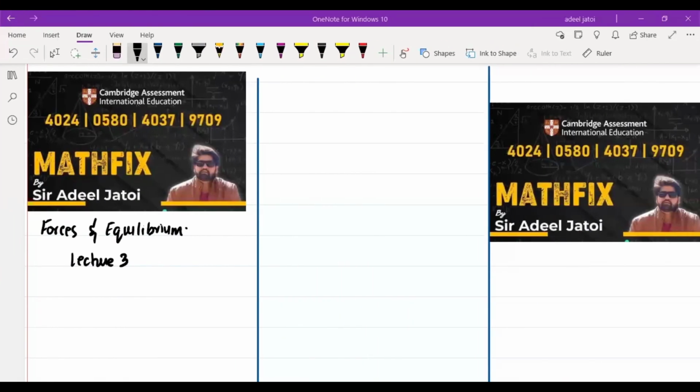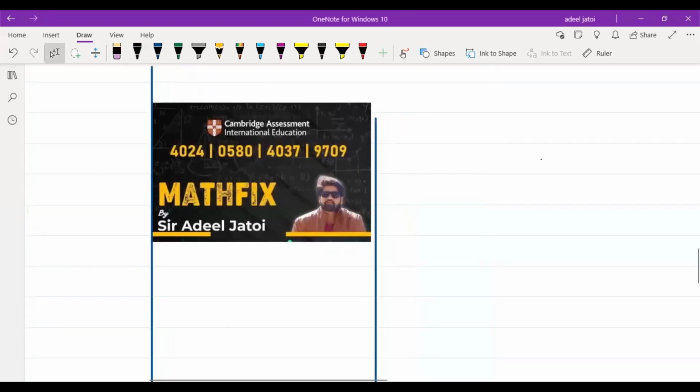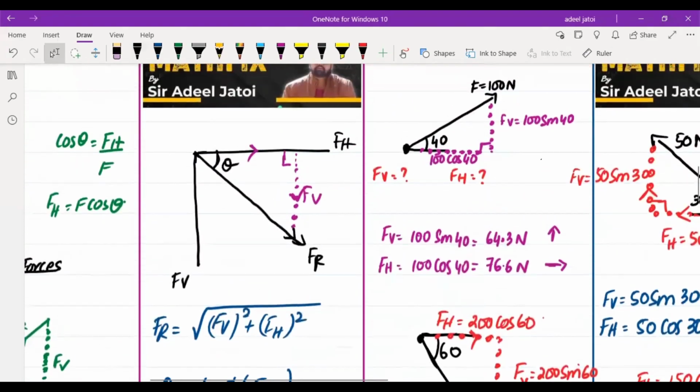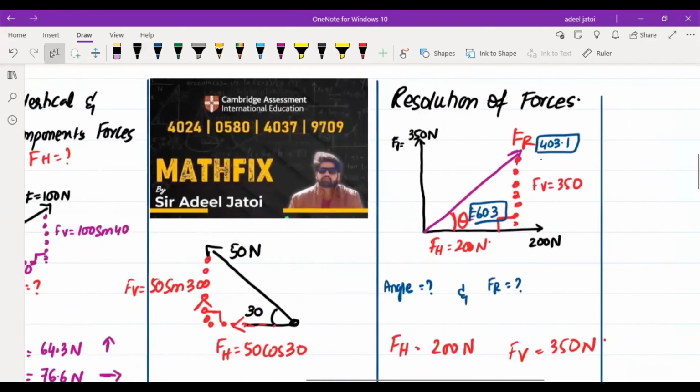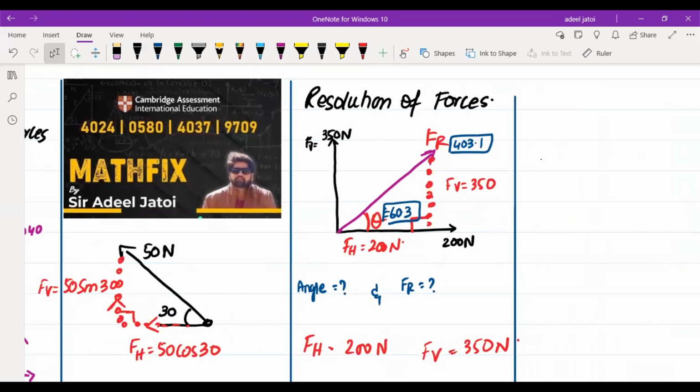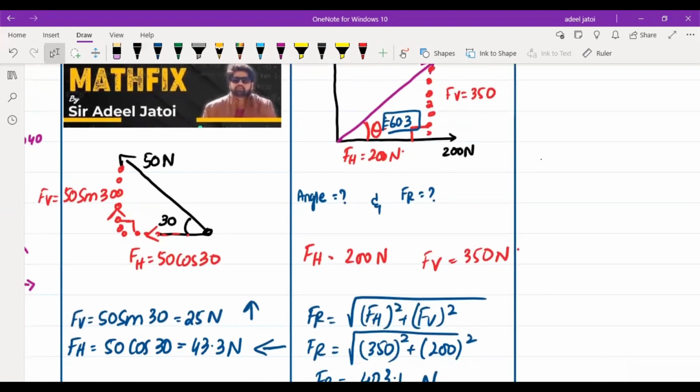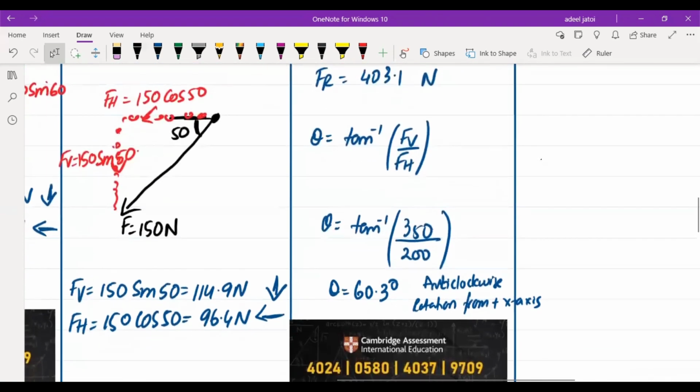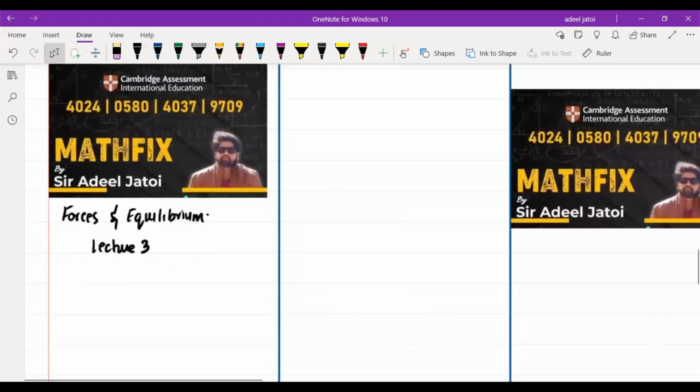Since the force and equilibrium lecture, we already knew that 200 Newton and 300 Newton, we solved it in the last class, where we made sure that you understood the resolution of the forces. Now, let's work upon the same example question.